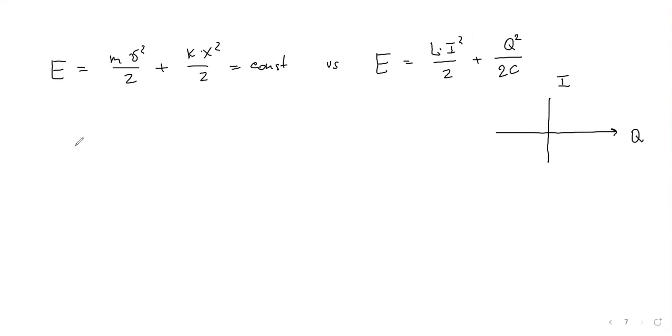If I divide it by the energy, it's going to be 1 equals L I squared over 2E plus Q squared over 2CE. You may recognize the formula for an ellipse. Yeah? Like this.